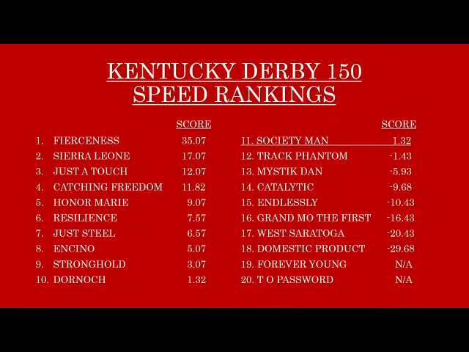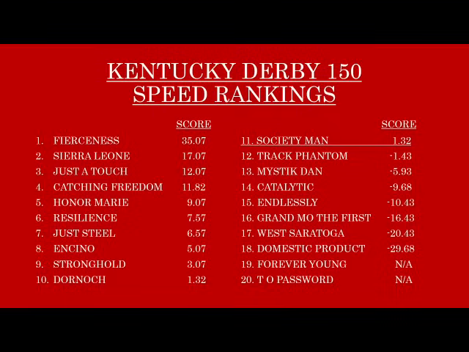I've drawn a line under Society Man to sort of give you the Mendoza line, because after him, it really tails off significantly. Those Brisnet numbers for the Wood Memorial were very surprising to me. They really were. I did not expect a 104 for Resilience or a 100. I mean, that puts him right up running a race tantamount to Sierra Leone, pretty much.